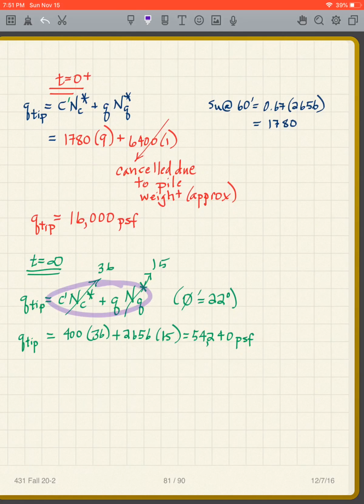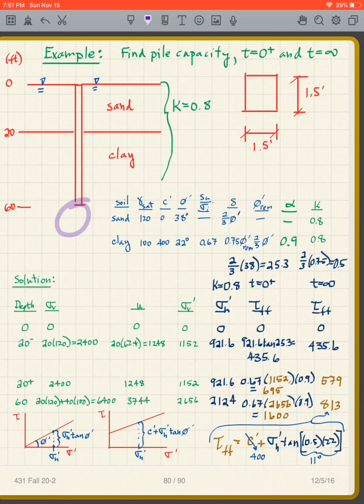same equation, but now what do we have to do? Well, now we have to use our phi prime equals 22 degrees. Where does that come from? Remember, we're down here in the clay, so I have to use my phi prime in the clay. I don't apply any of these factors here. I don't apply the factors to the down below there. Why?